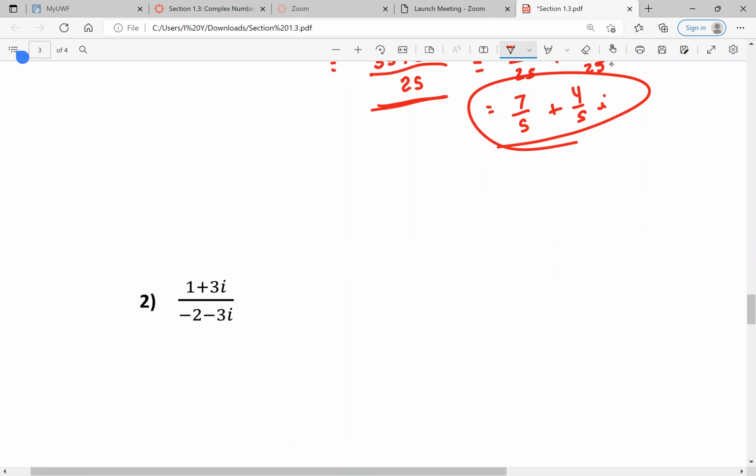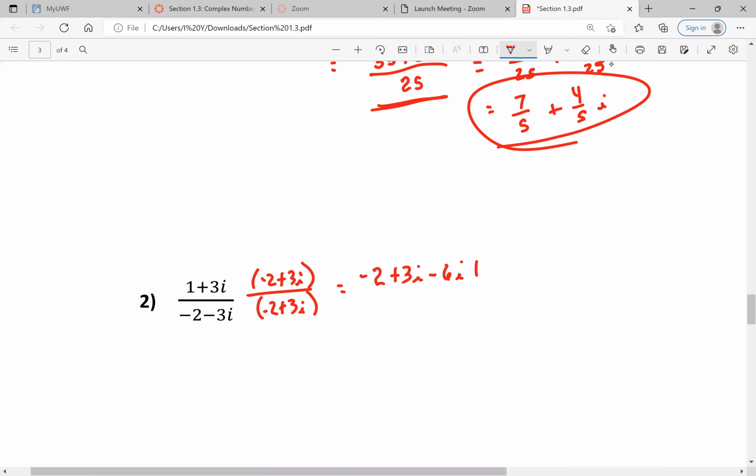Again, multiplying by the conjugate, we get -2 plus 3i over -2 plus 3i. Foiling, we get 1 times -2, which is -2. We get 1 times 3i, which is plus 3i. We get 3i times -2, which is minus 6i.